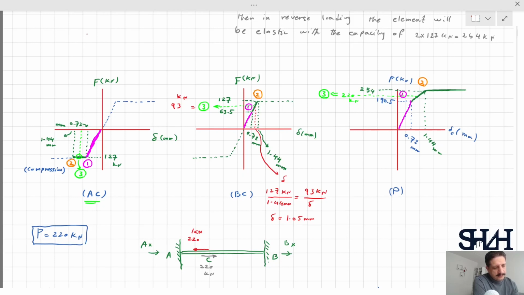Also, you can use the same principle from the other graph, from here.